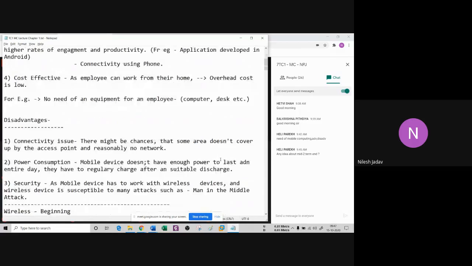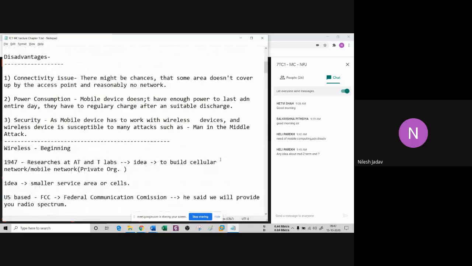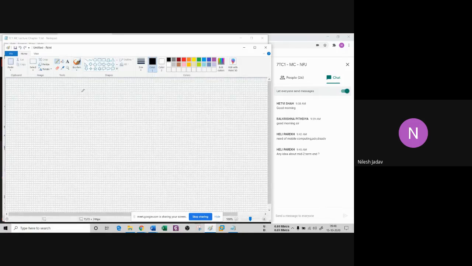And what kind of disadvantages do we have in mobile computing? The first disadvantage is a connectivity issue. The problem is in the access point. It has been said that there is an access point which gives you connection. If this is my access point, then this access point has some range.